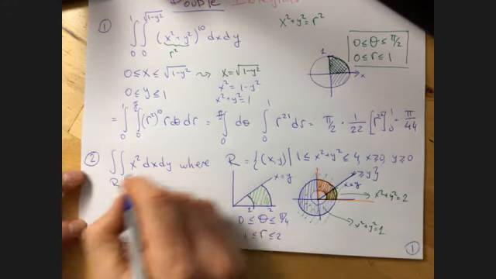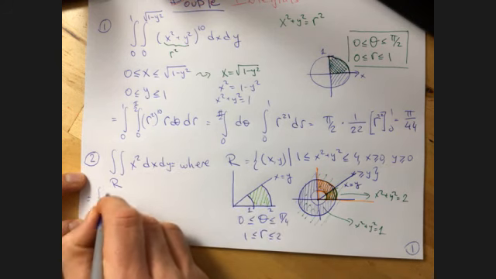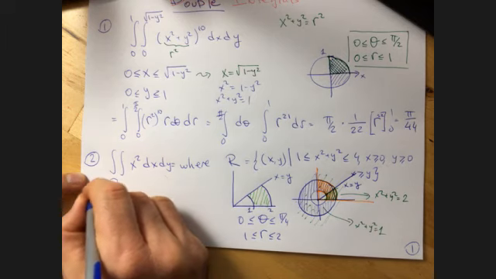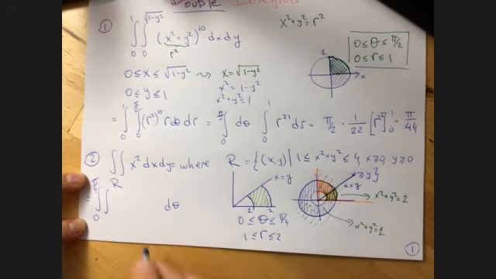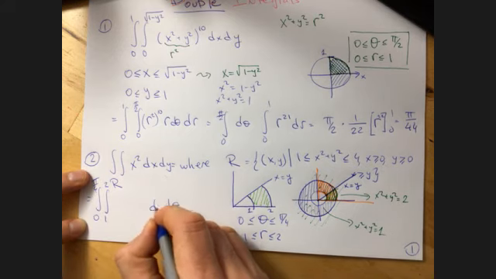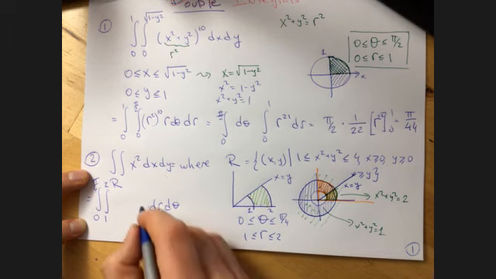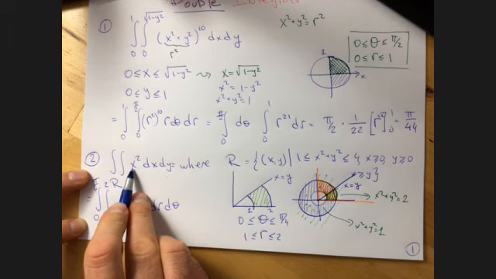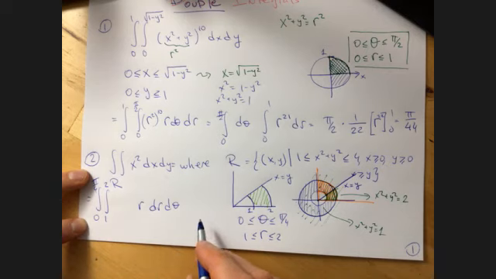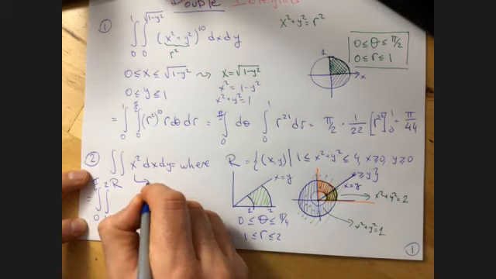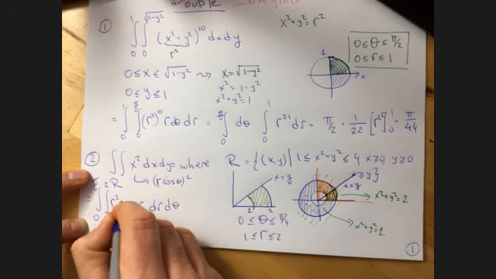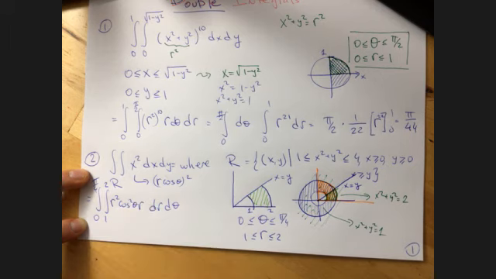Okay, then our integral can be written as the double integral from 0 to pi over 4 d theta, integral from 1 to 2 dr times r, and then what is x squared? Well, x is equal to r cosine theta, so x squared is going to be r times cosine theta squared, or r squared cosine squared theta.